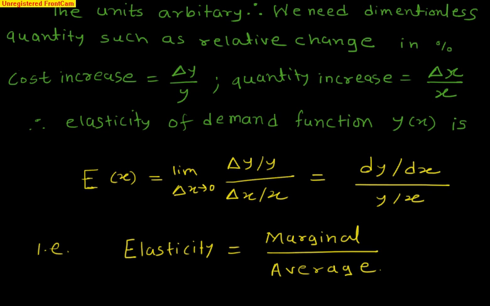So we need a unitless term, and here it is elasticity, to find out how production and cost, quantity or cost, will vary.